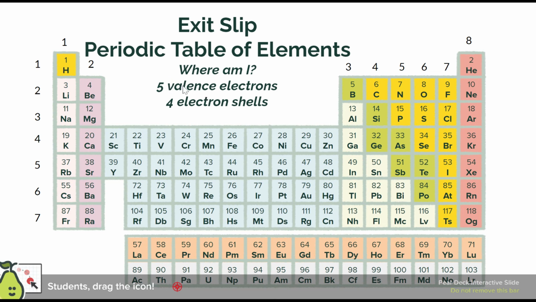If it has 5 valence electrons, that tells me it's in the fifth column, 1, 2, 3, 4, 5. If it's in the 4th shell, I have to go down 1, 2, 3, 4. If I check my 4th row and my 5th column, the correct answer is arsenic.